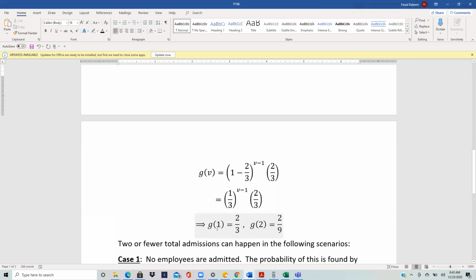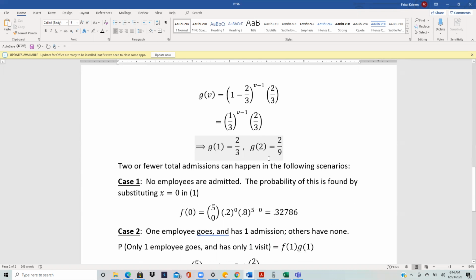The reason why we only calculate g of 1 and g of 2 is that in the problem, remember, we have to find the probability that there will be a total of 2 or fewer admissions. So we're not interested in anything more than 2. Okay, so we just make a note of these. We'll need these later.